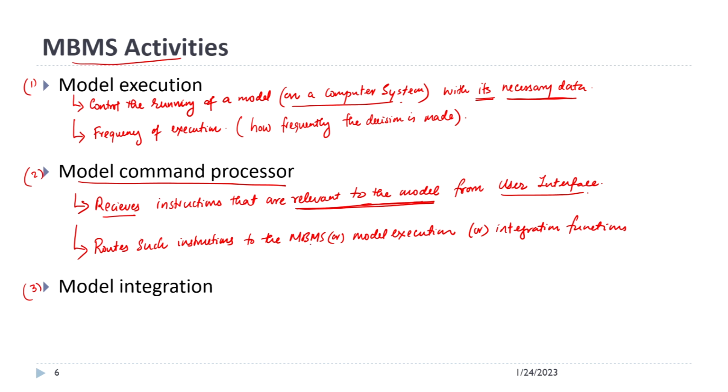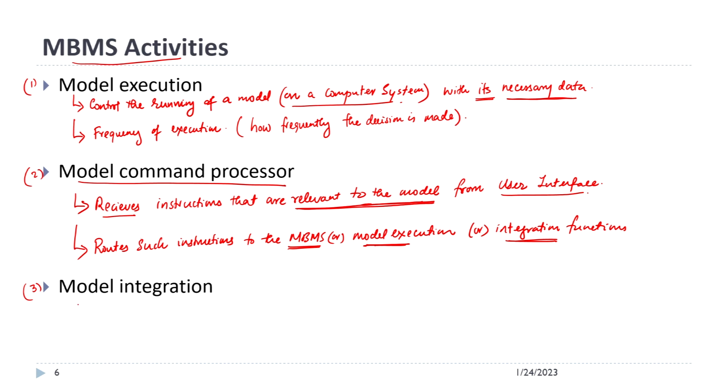Okay. So, it either sends it to the MBMS and allows the MBMS to decide what to do with the instructions relevant to the model, or it sends it to the model execution and says you take this particular model, take the data and run it. That is pretty much it. Or it sends it to the integration function where multiple models need to be combined and executed, right. So, that is the other part of the model command processor.